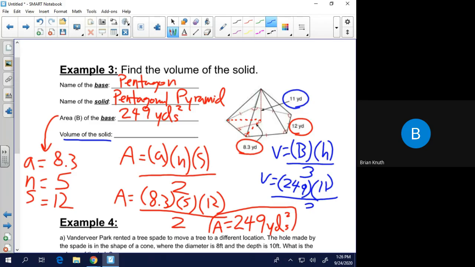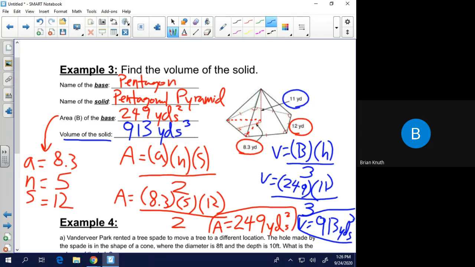Divide that by 3. When I plug that into the calculator, I get volume equals 913 yards cubed.